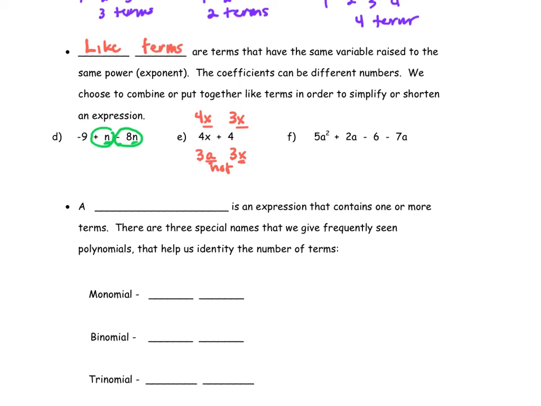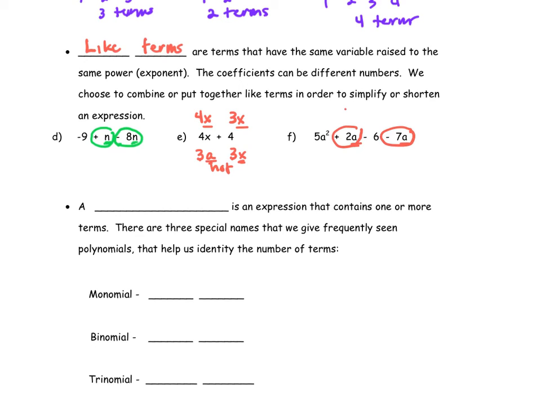So please try letter F and tell me if you see any like terms here. If you said that 2a and -7a are like terms, you are correct. And that's because they have an a.